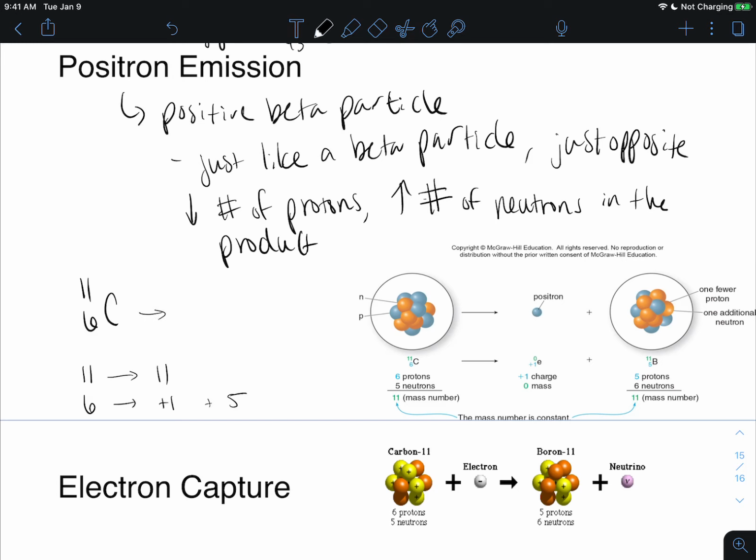So we're going to get our positron plus boron in this case. And again, this is a proton decays to produce a neutron plus a positron.